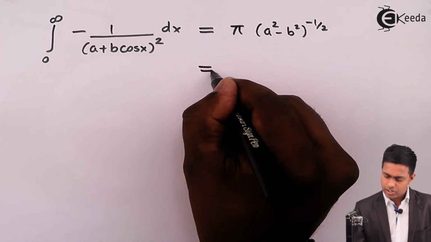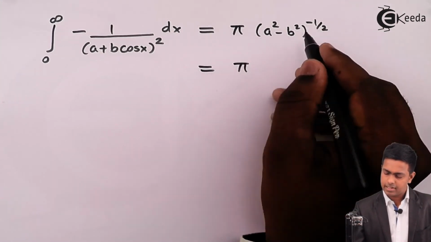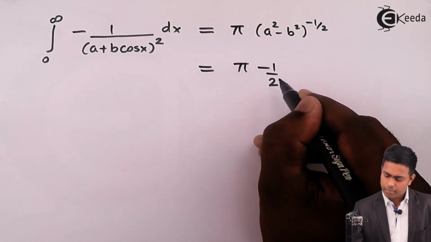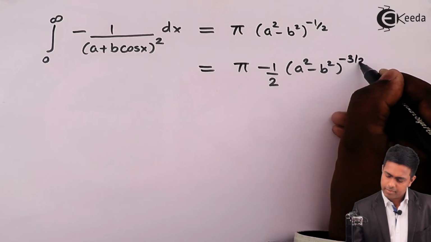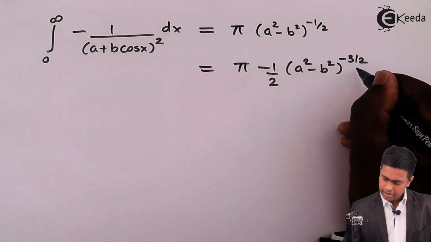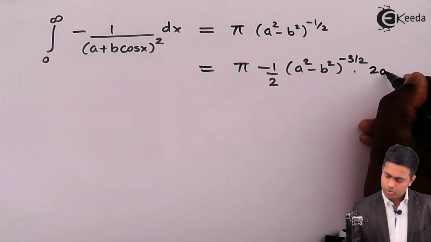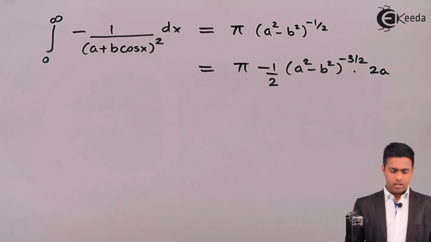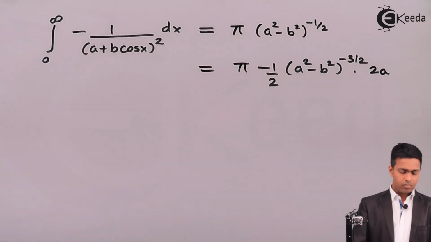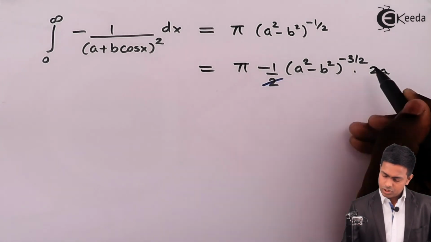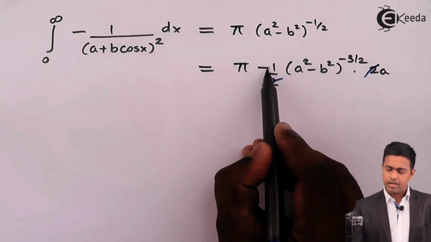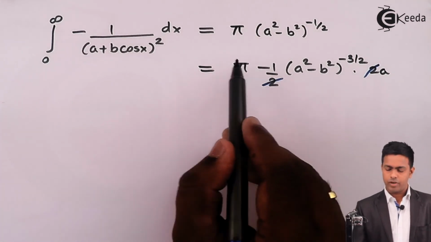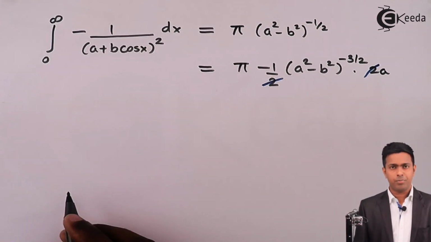So by differentiation this will give us pi as it is, and this will become minus 1 by 2 into a square minus b square raised to minus 3 by 2 into 2a. Now guys, here we can cancel this 2, and we have a negative sign on both sides, so we will cancel the negative sign from both sides.